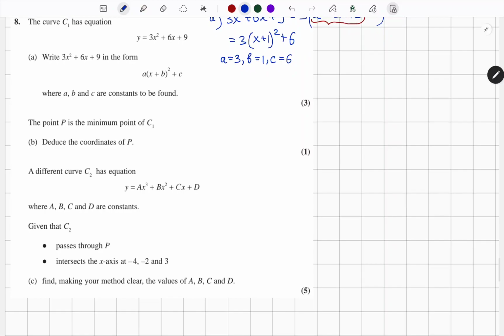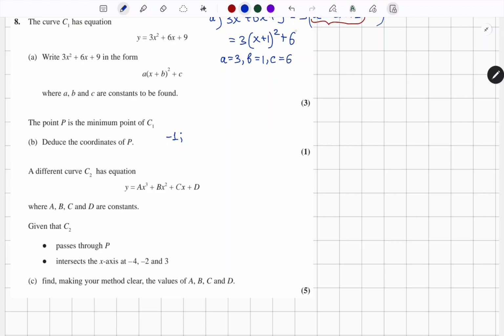The point P is the minimum point of the curve C1. Deduce the coordinates of P. It's just 1 mark. It means we can use the results of part A, because they do not ask us to find it, they ask us to deduce. Of course, we look at the completed square form. The number next to x in x plus 1 changes its sign to the opposite.